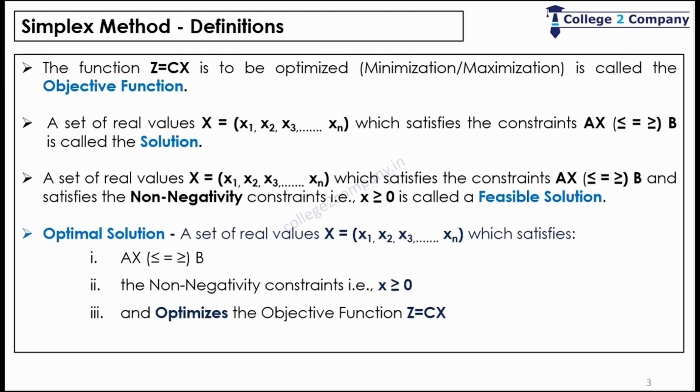So the definition would go like this: we have the real values x1, x2, x3 and so on, which satisfy all the basic three conditions, that is ax less than or equal to, equal to, or greater than or equal to b, that is your RHS, and it also satisfies the non-negativity constraints. With that, it optimizes the objective function. We know the objective function is z equal to cx, and when we say optimization, it is either maximization or minimization that is required.